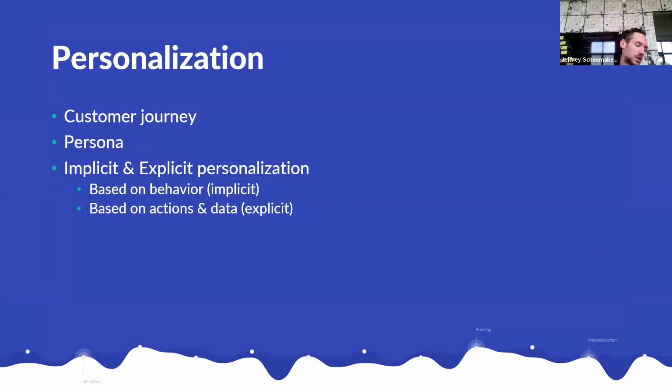As I said, A/B testing is an easy way to start working with personalized variants of pages or your website. Personalization is the next step, where you really personalize the whole experience of your website based on explicit or implicit behavior.